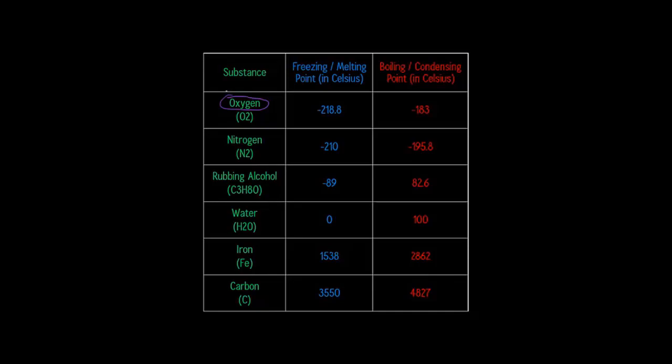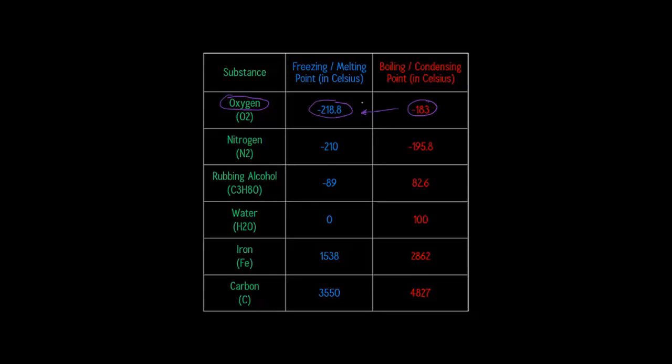But that means that it takes really, really cold temperatures to cool oxygen down enough to make those molecules slow down and turn into a liquid. And it takes even colder temperatures to make it freeze. So it's got to get all the way down to negative 183 degrees just to turn it into a liquid. And then it's got to cool all the way down to negative 218 degrees Celsius before it will freeze.